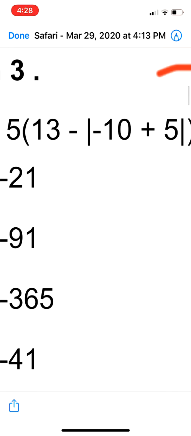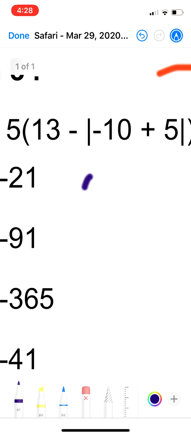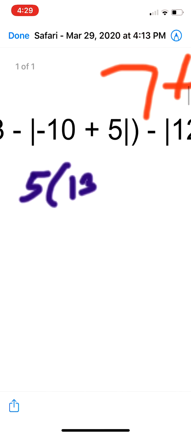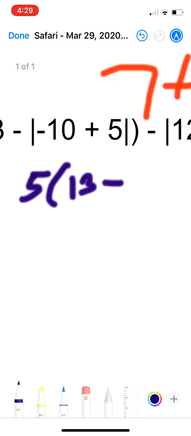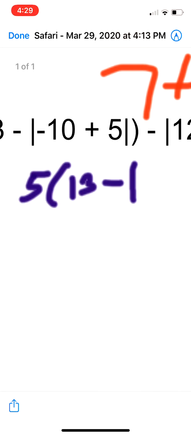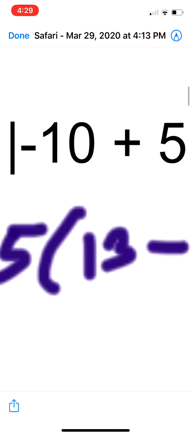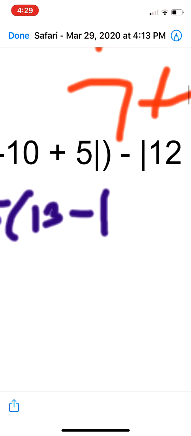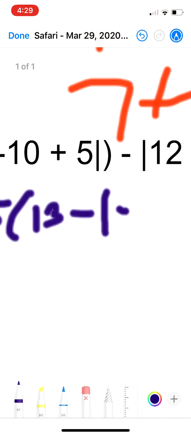So for right now, I'm copying down 5, parenthesis, 13 minus. Okay, now I have absolute value. I'm taking care of what's inside of this absolute value. So I'm just doing what they tell me to do. What is negative 10 plus 5? Negative 10 plus 5 is negative 5.